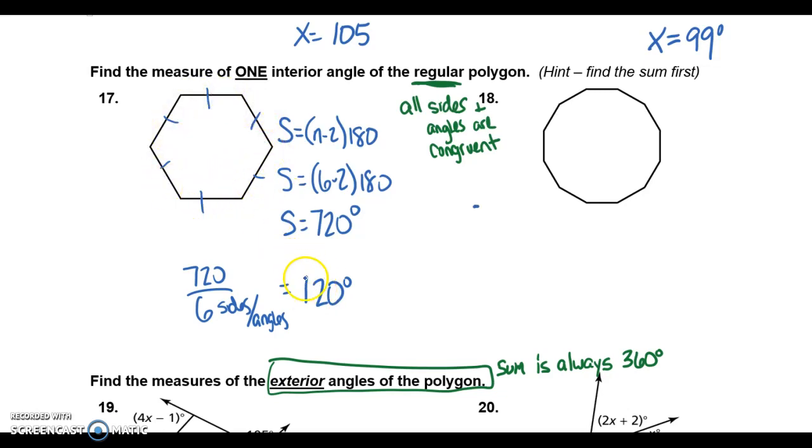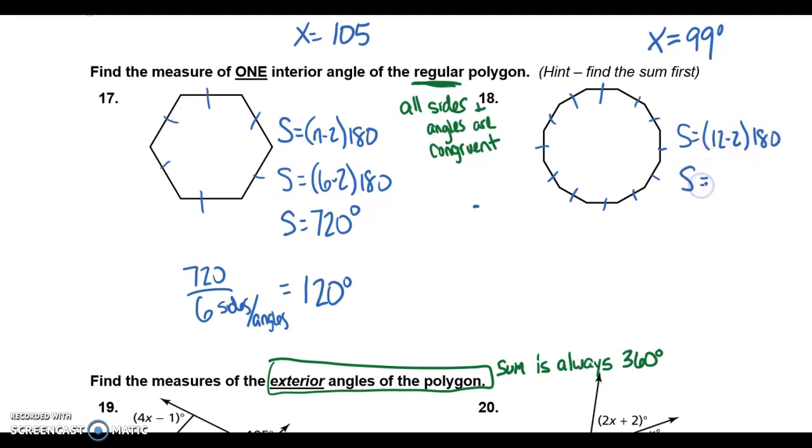And if you added that up, it would work. And you can always check your work. Same here. Let's count. Oh, this is a lot of sides. 1, 2, 3, 4, 5, 6, 7, 8, 9, 10, 11, 12. So S is going to equal 12 minus 2, which is 10.